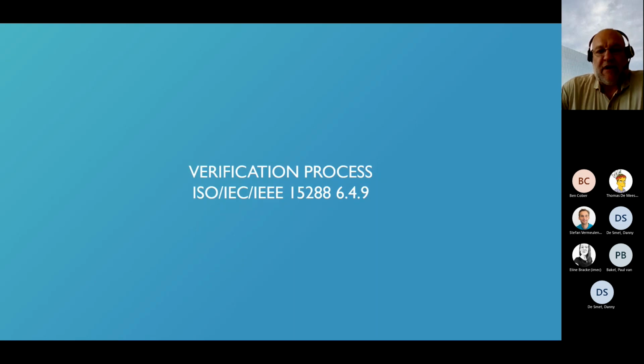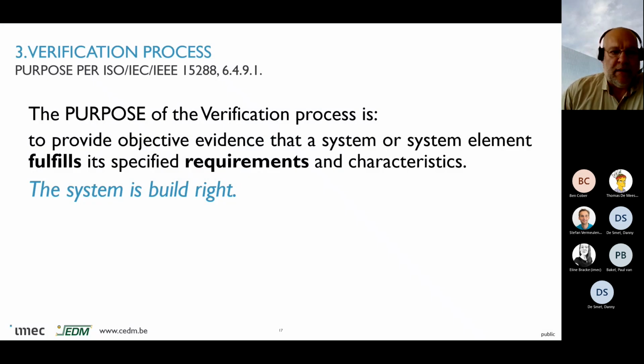Then we have the verification process. The purpose of the verification process is to provide objective evidence that a system or system element fulfills its specified requirements and characteristics. It's mainly aimed at checking whether the system is built right, that everything that is done is in line with the requirements that have been set.